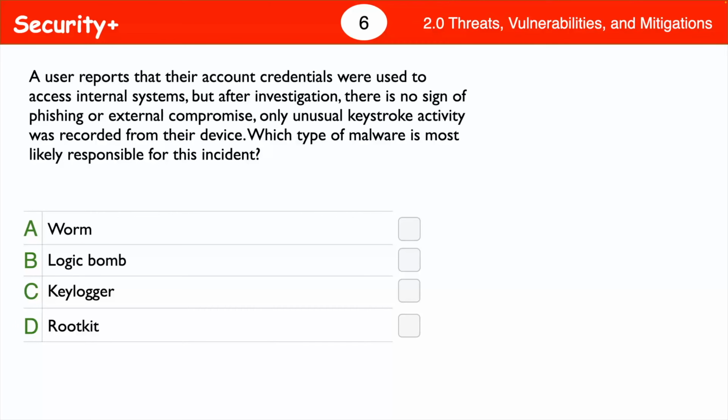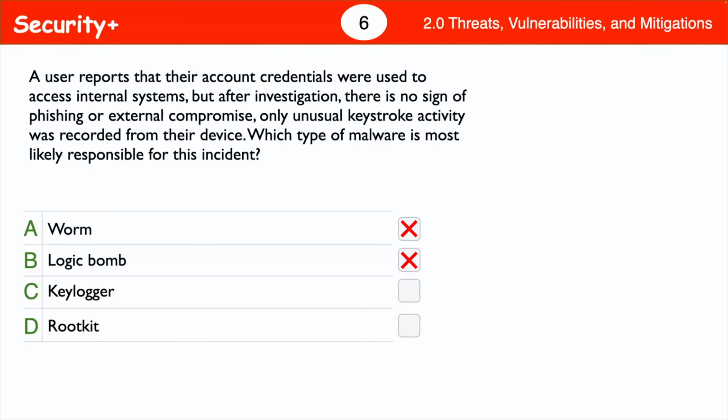We can first start by eliminating a worm, since worms spread across systems and networks, they don't usually monitor keystrokes. Next, we can eliminate B, logic bomb. A logic bomb refers to code triggered by specific events or conditions, and it's not passive input recording, which is what's being described in this scenario.